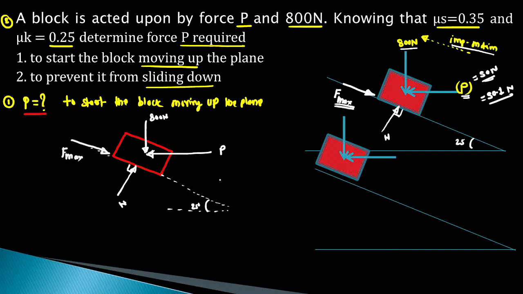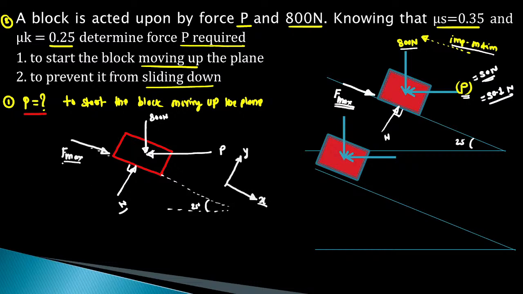Okay. Now, here we will assume the reference axis like this. This x axis is parallel to this plane and y axis perpendicular to the plane. Now, observe the forces. This normal reaction is along the y axis or parallel to y axis. The F max is exactly parallel to x axis.